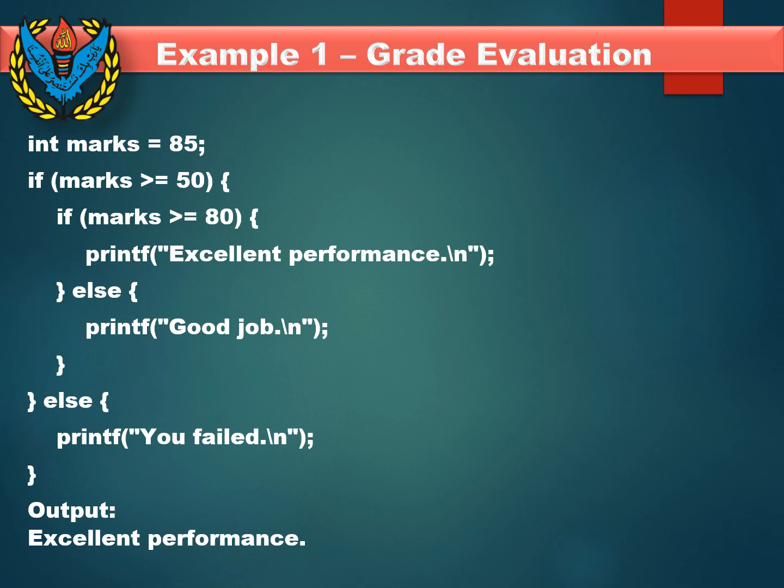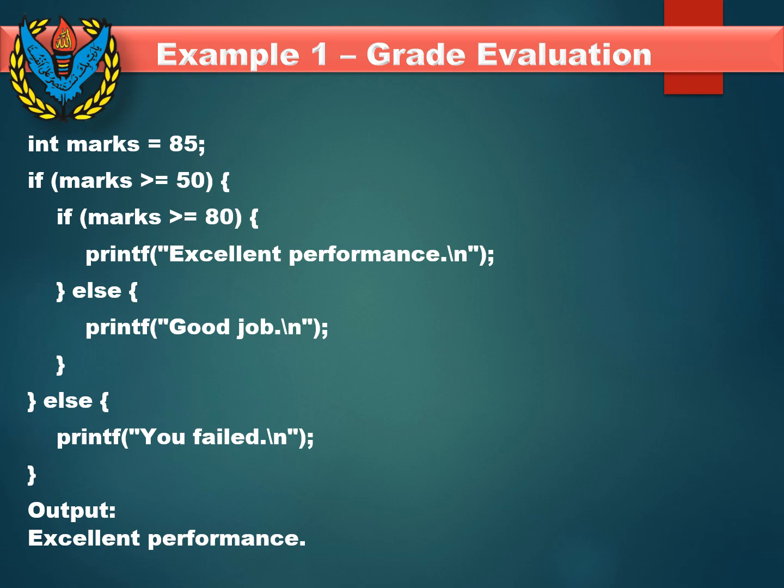In this condition, if marks is greater than or equal to 80, this condition is also true because the marks is greater than 80. So the statement following the next if statement will execute. This statement will give the output excellent performance because both the conditions are true.